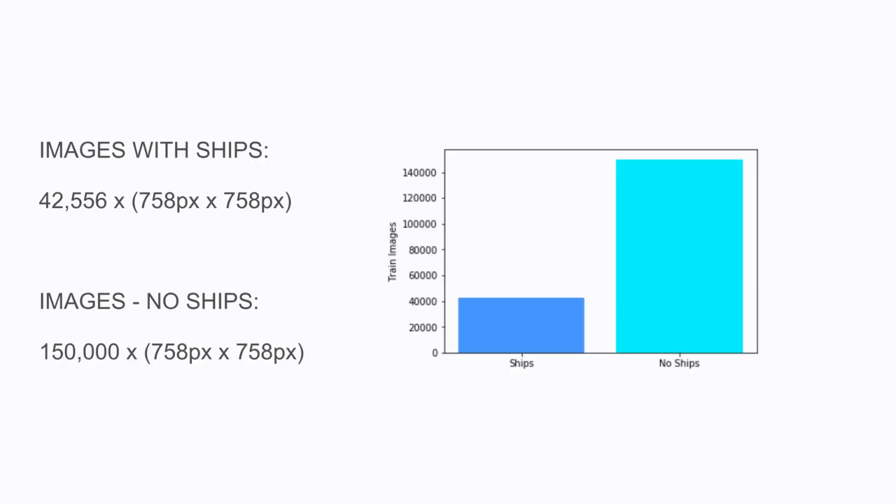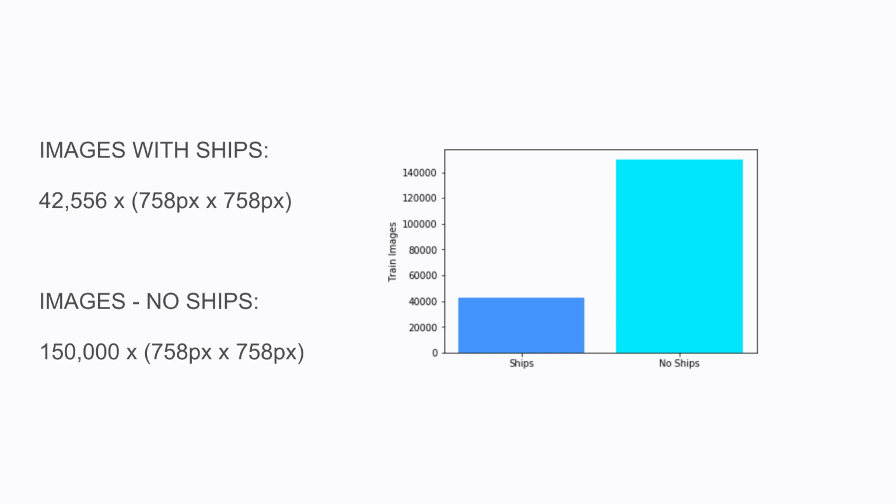So the whole train set was quite unbalanced, I would say. There were many more images with just the sea, with no ships on them, actually 150,000.